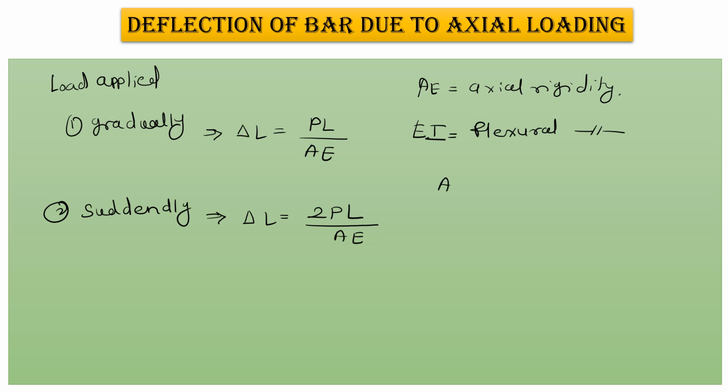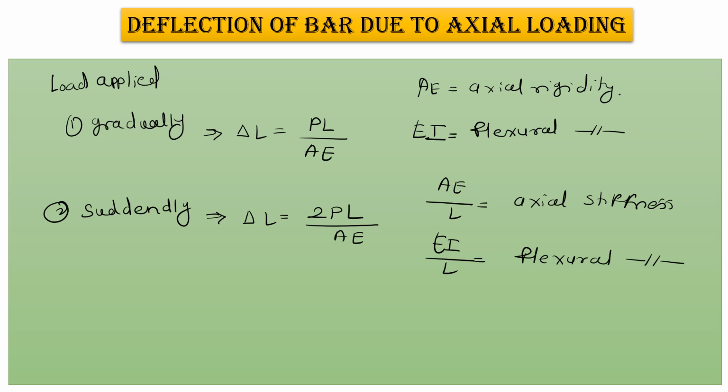Then next, AE by L is axial stiffness. Same for EI by L, which is flexural stiffness. So these are the important terms in this formula: AE, EI, AE by L and EI by L.